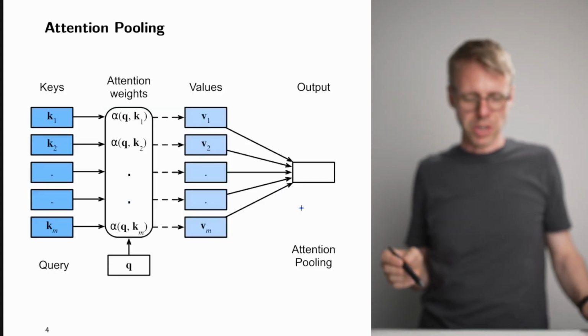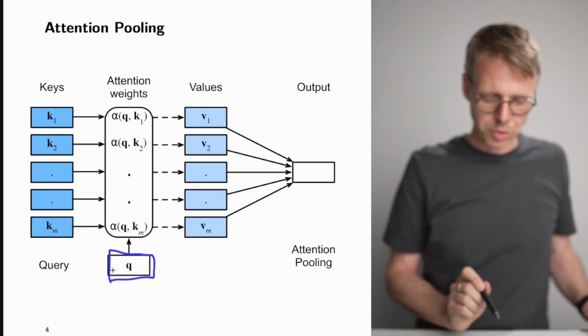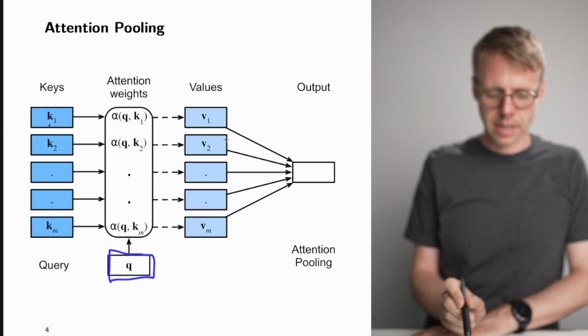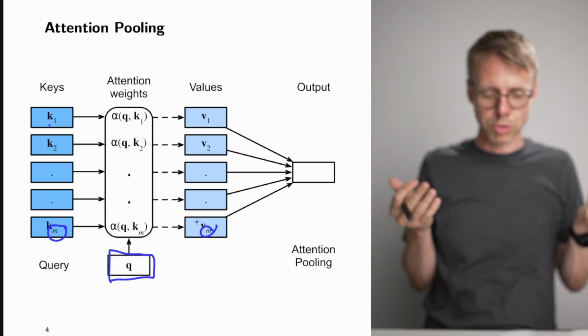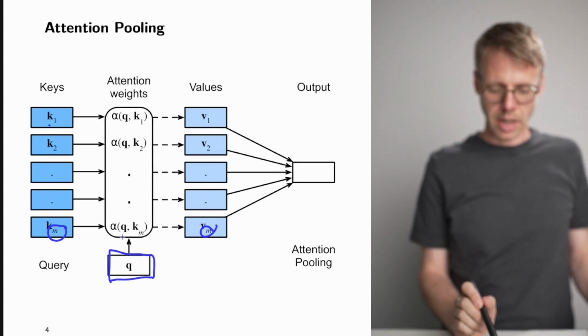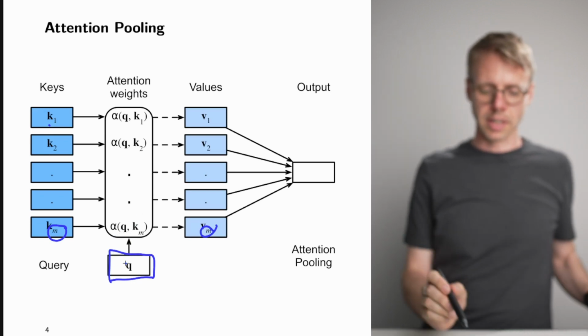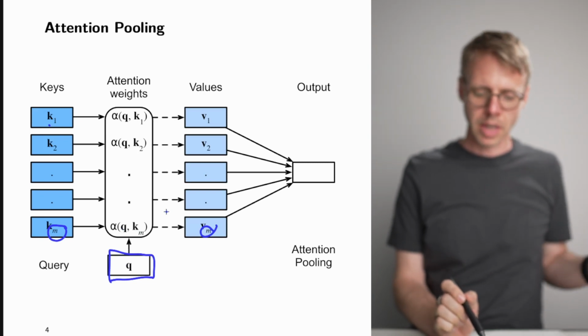So let's visualize this again. We apply our query Q to our database that consists of these M keys and values. So we have these tuples, in order to take each key and evaluate this function alpha over all of these keys. This gives us our M different attention weights.